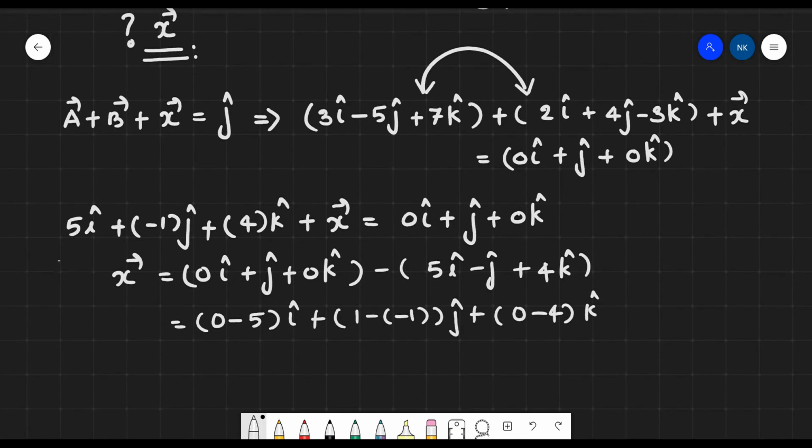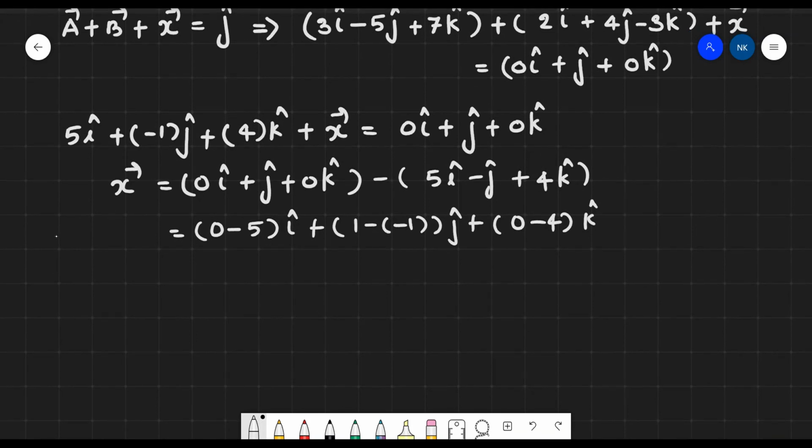Okay, this will leave the answer as minus 5 i cap, here is going to be plus 2 j cap minus of 4 k cap.